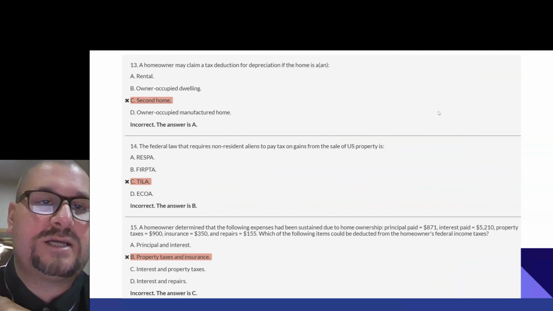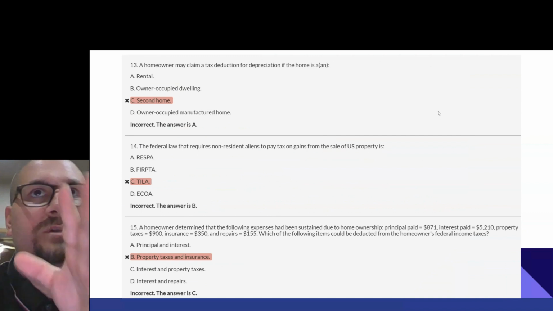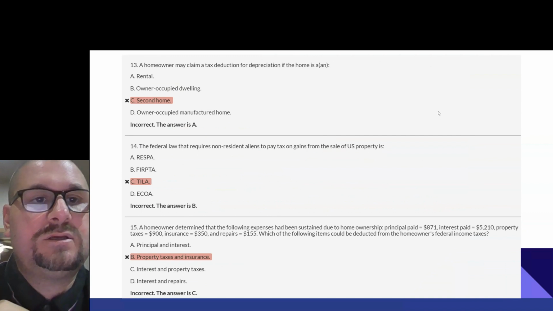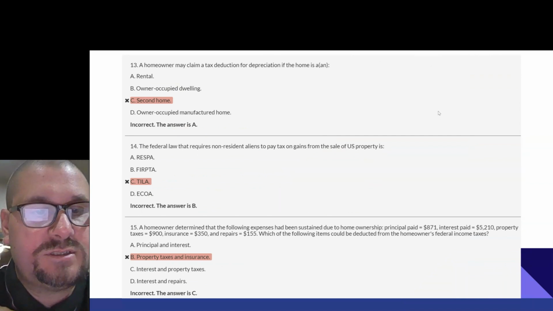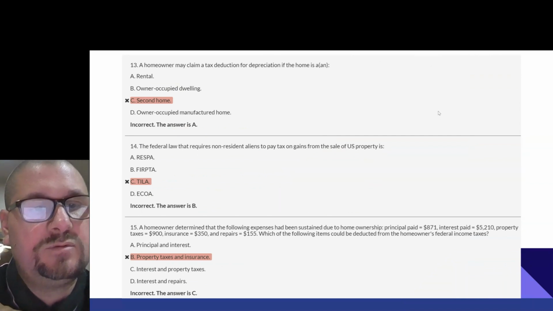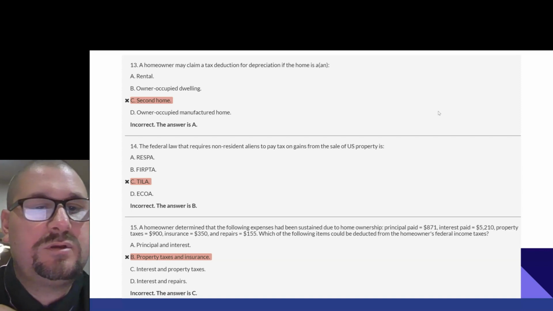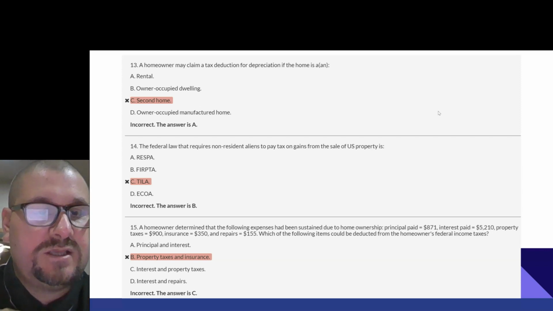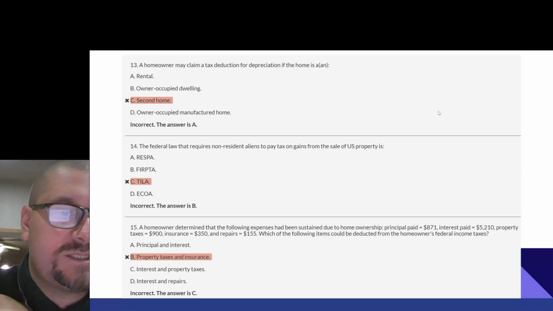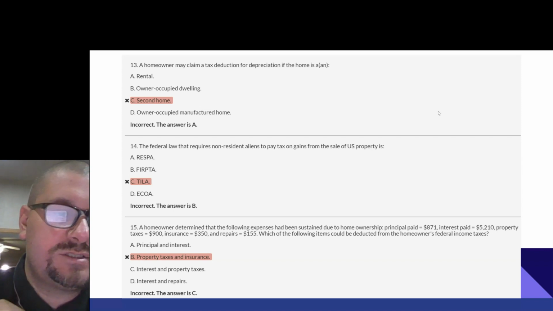Interest and property taxes. Is it principal and interest? No. Property taxes and insurance? No. Sorry, PITI is principal, interest, taxes, insurance. Interest and property taxes? Yes. Interest and repairs? No.